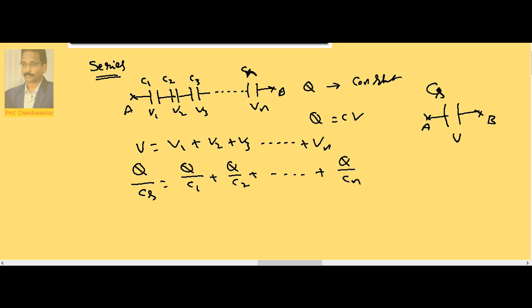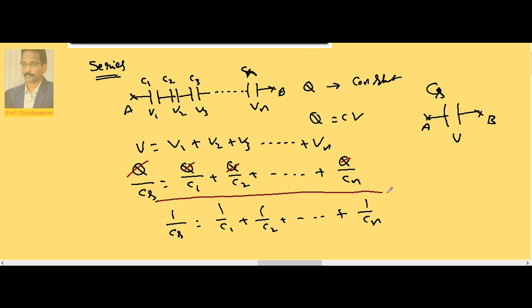So if I take Q common and cancel on both sides, then the equation becomes 1 by Cs is equal to 1 by C1 plus 1 by C2 plus so on 1 by Cn. When n capacitors are connected in series, the equivalent capacity is given by 1 by Cs is equal to 1 by C1 plus 1 by C2 plus 1 by C3 plus and so on 1 by Cn.